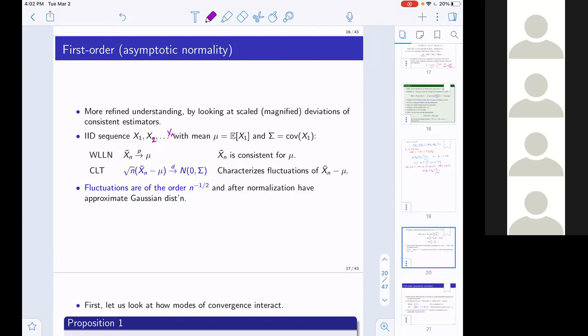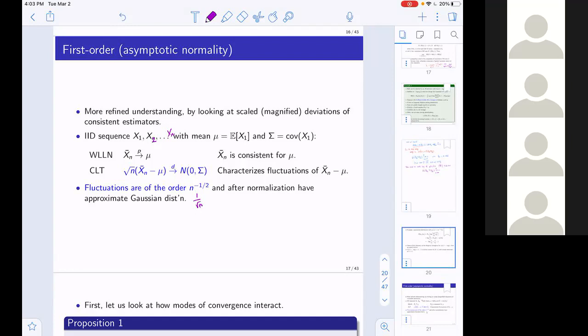So if you rescale this deviation by root n, it turns out that this rescaled deviation converges in distribution to a normal random vector with mean 0 and covariance sigma. This says that this is the right rate of convergence. We'll go over this more carefully later. This shows not only that you converge at the rate 1 over root n, but it also tells you something about the statistical properties of this rescaled fluctuation.